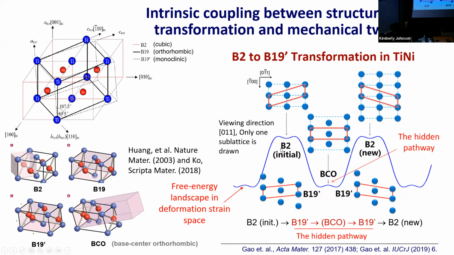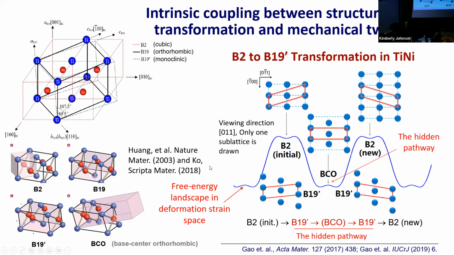This new B2 and the initial one differ by a rotation, a twin relationship. Then you can continue to allow the applied stress to do the work and deform this one further, and it becomes this B2. But these B2 have a twin relationship, and this B19 prime and this B19 prime have a twin relationship.